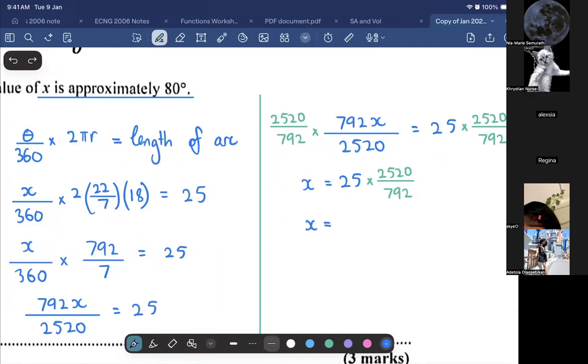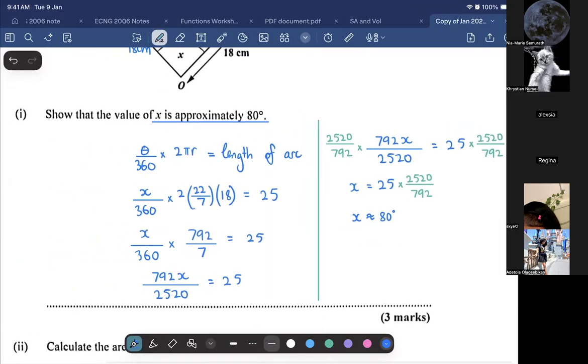I'm waiting for some other people to tell me that as well. Let me know, guys. Are you all getting 79.54? Right, so you could just write it as approximately 80. Anytime you write an approximation, put a wavy equal sign, and write approximately 80 degrees.